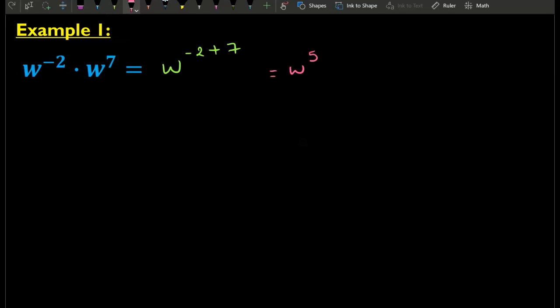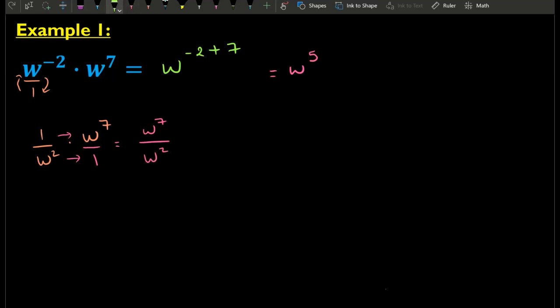That's just one way to go. Some of you may go this way. Because of the negative exponent, you put 1 under and flip the w. That gives you 1 over w to the 2nd, times w to the 7 over 1. We multiply straight across, which will be w to the 7 over w to the 2nd power.